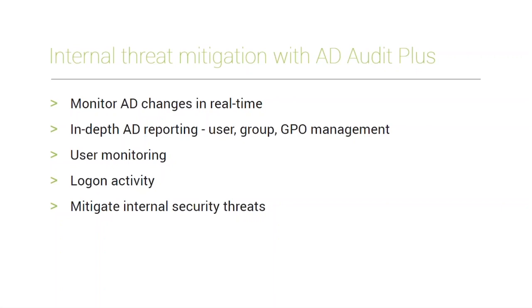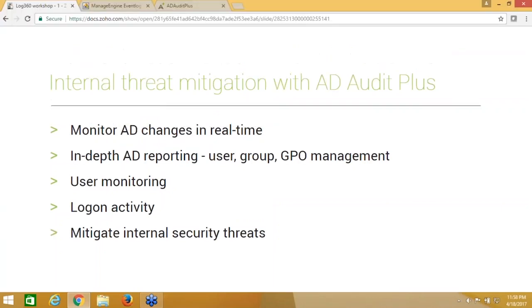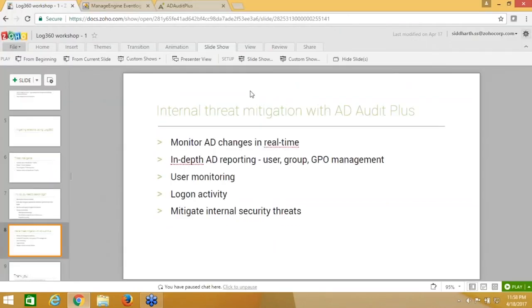So once again, real-time alerting comes into picture because, like I told you, that is the final objective of any SIEM solution. Of course, reporting is important. Of course, compliance is important. But at the end of the day, you want to be empowered to proactively mitigate threats, be it external or internal.